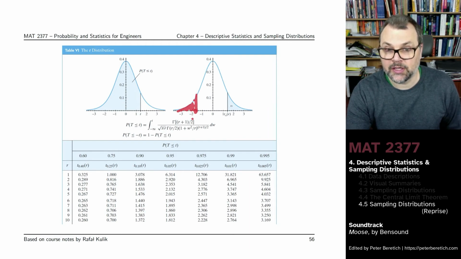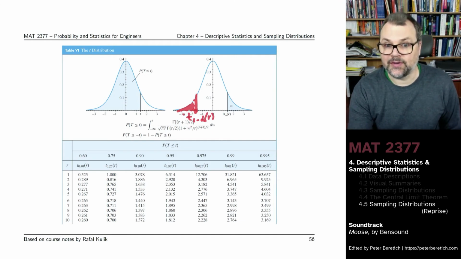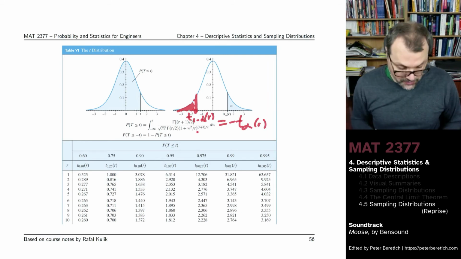And this point here would be t 1 minus alpha with r degrees of freedom. So once you've found one, it's easy to find the other one, right? Because this number would just be minus the original number, a reflection in this axis.